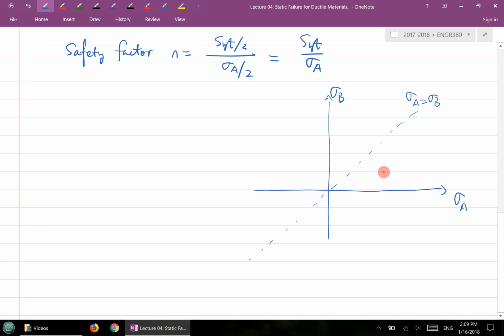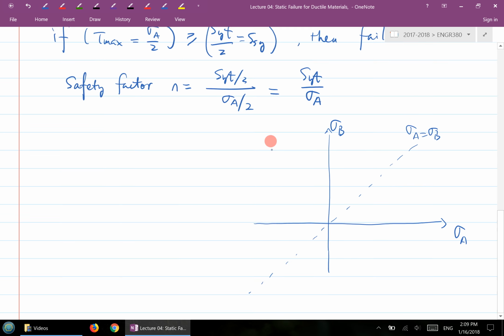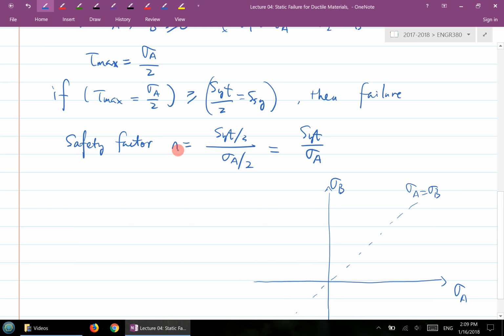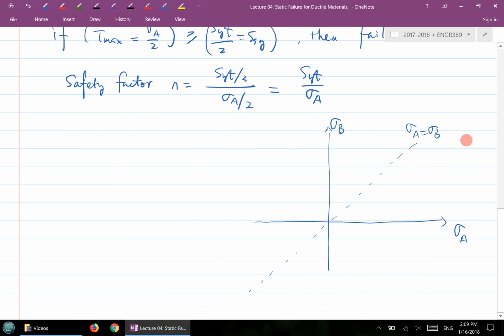And what the safety is telling us is, basically, when sigma A is greater than SYT, then you have an unsafe region. So we can label this SYT here.